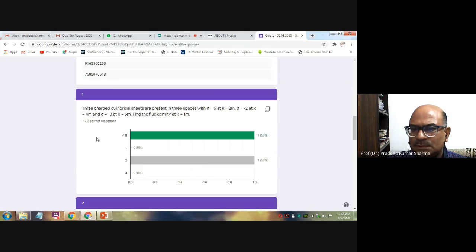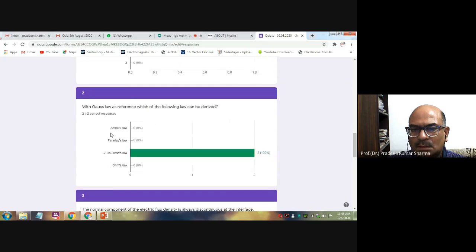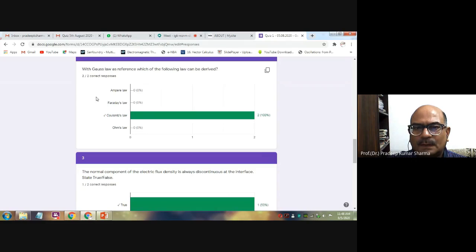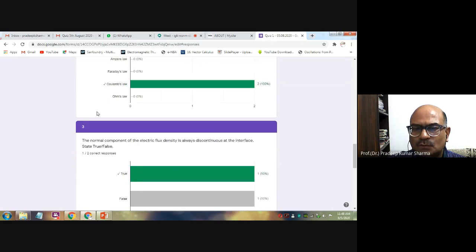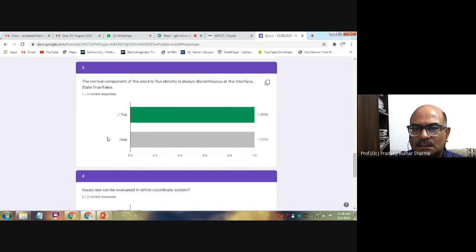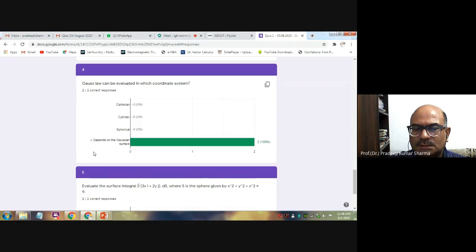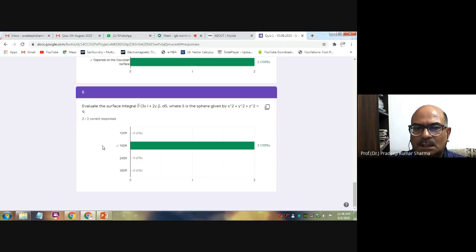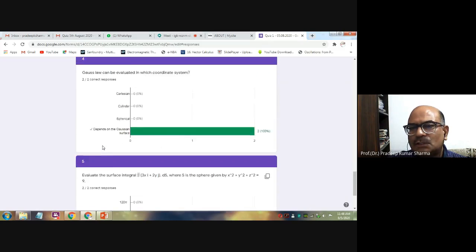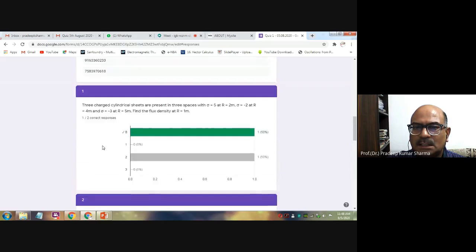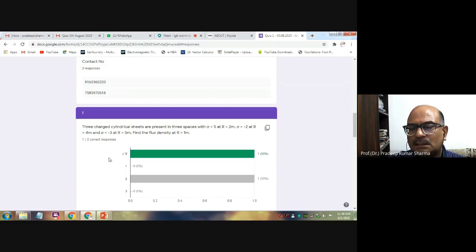The first question, one student has got it correct, one wrong, and on the second question, both of you have done correctly. Again the third question, 1 plus 1, and the fourth question, again both of you are correct, and the fifth also. In the numericals, I think for the first numerical one student got it right.